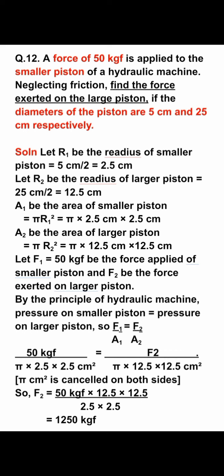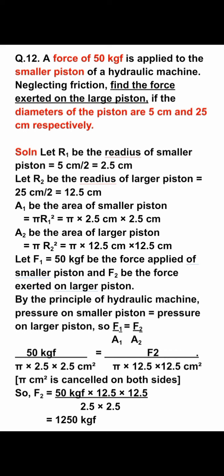Now by the principle of hydraulic machine, we know that pressure on the smaller piston will be equal to pressure on the larger piston. So we can write F1 by A1 equals F2 by A2. Now let's substitute the values. F1 is given as 50 kgf. A1 we got as pi into 2.5 into 2.5 centimeter square.